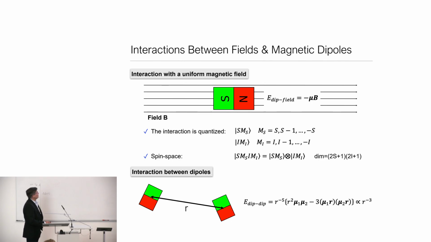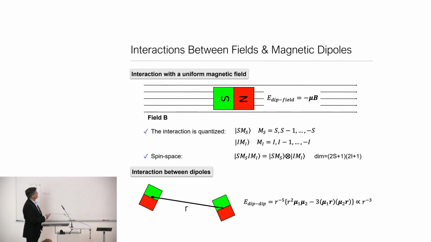So if we have a total spin of S, then the magnetic quantum number m sub s varies from S in integer units, S minus 1, all the way down to minus S, and that gives you 2S plus 1 magnetic sublevels, or Clebsch-Gordan series, and that is the same with the nuclear spin.